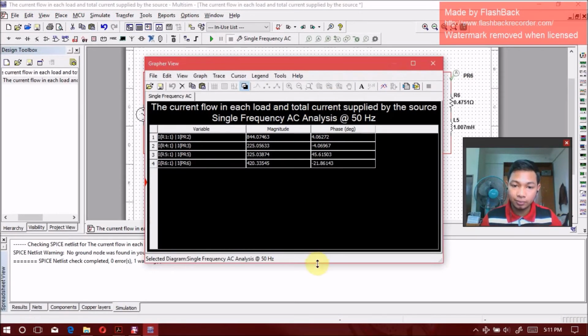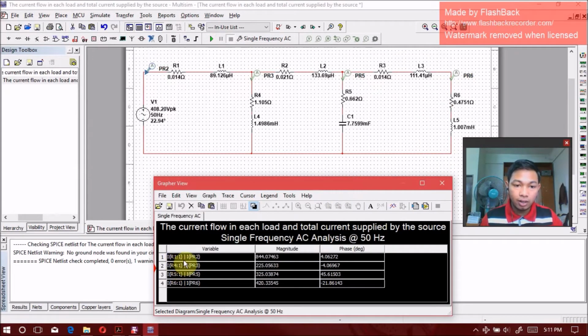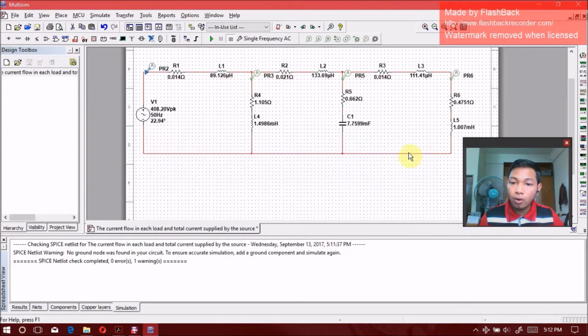As you can see, IPR2 is the total current of the circuit, 844.07 with a phase angle of 4.06272, and it goes the same for load 1, load 2 and load 3. So that's it for the current flow in each load and the total current supplied by the source.